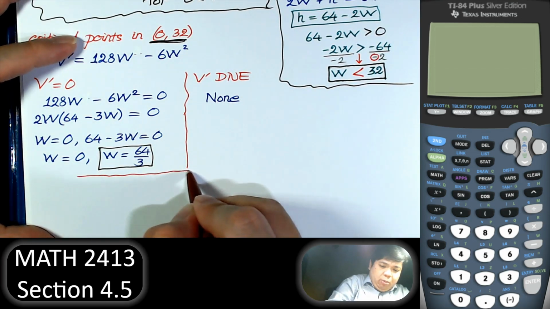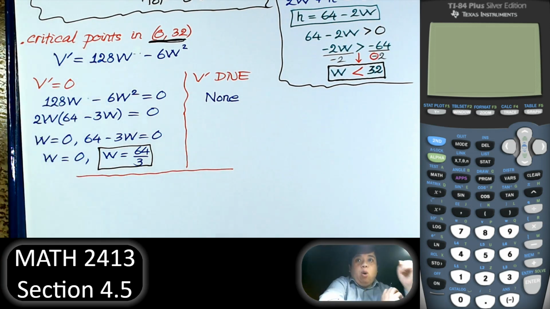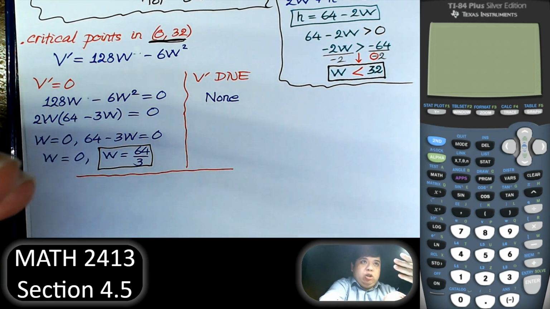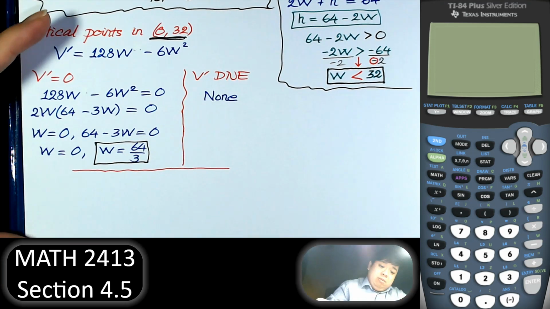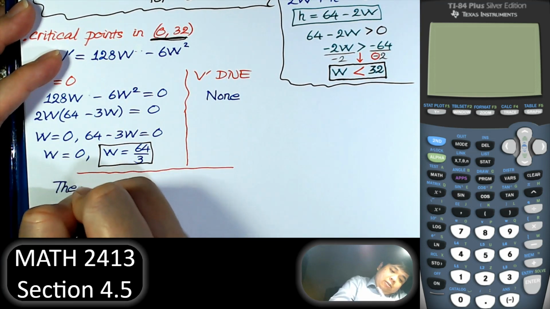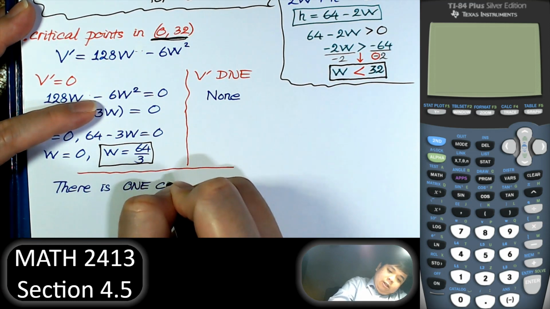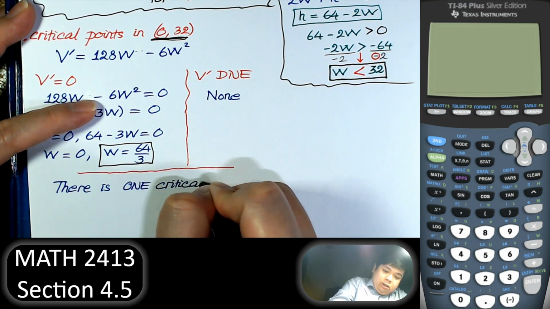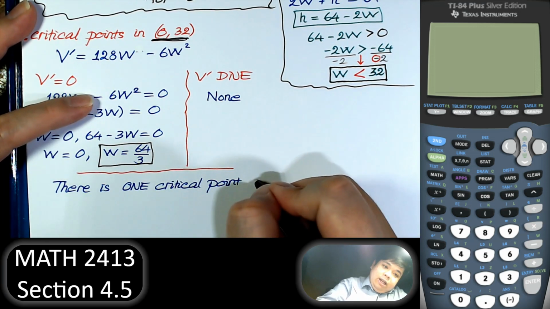So we have only one point. That is very important, because if we only have one critical point, there are a lot of options to show that it is the absolute maximum or absolute minimum for that matter. So the conclusion is there is one critical point in the interval.